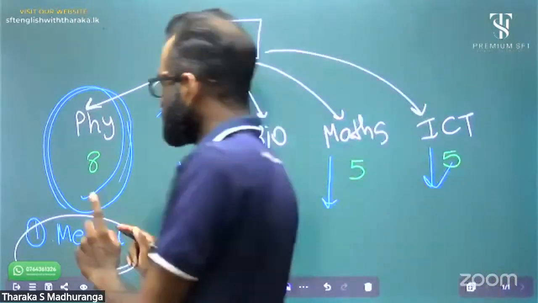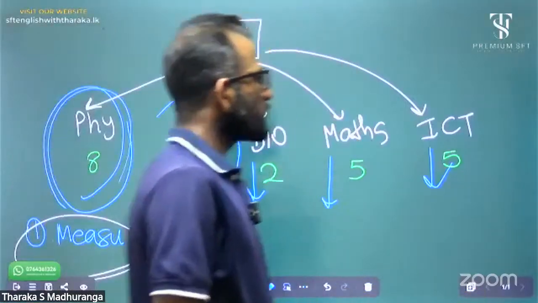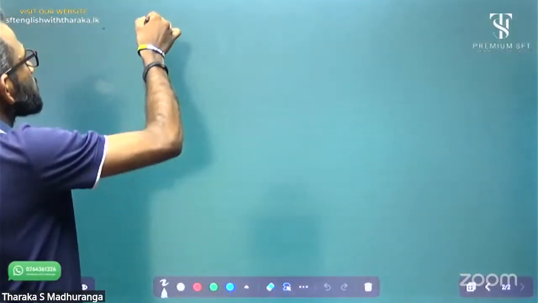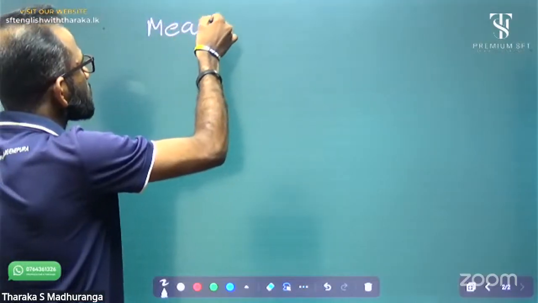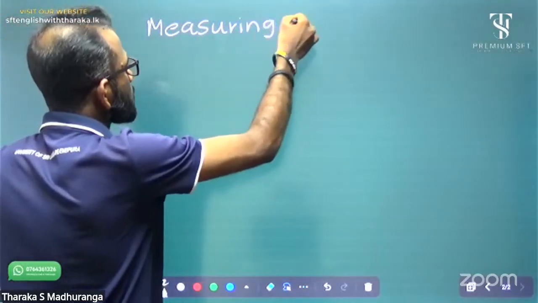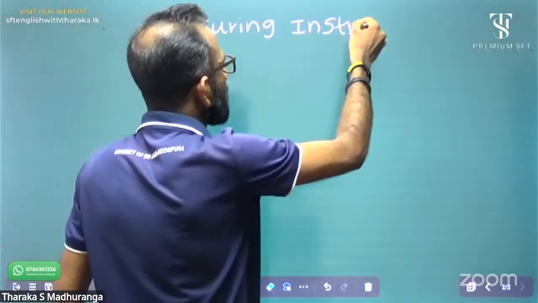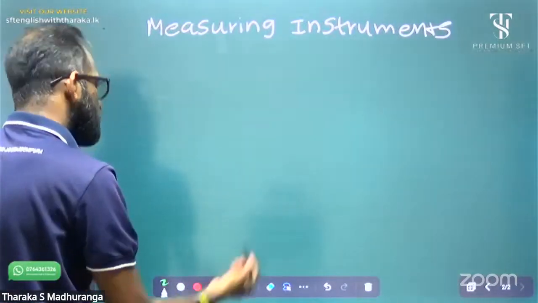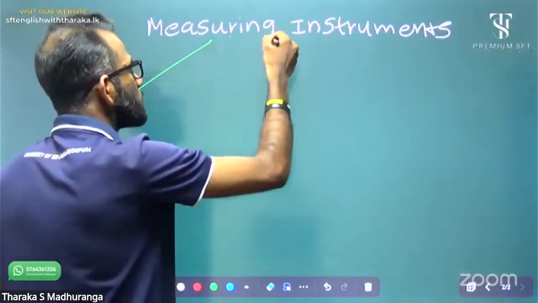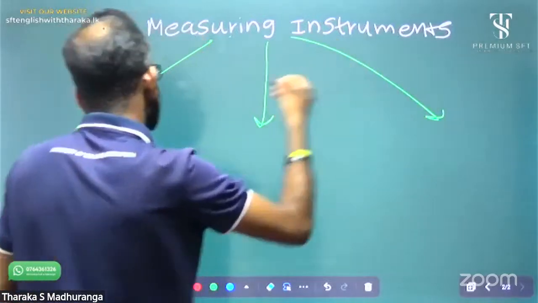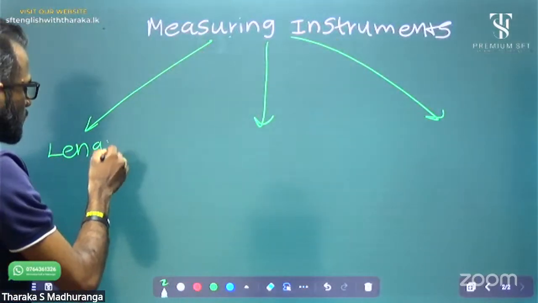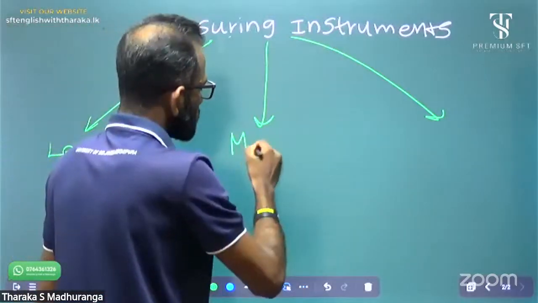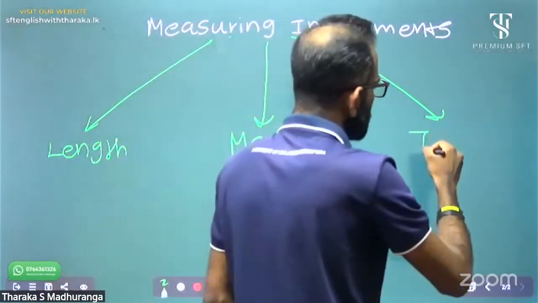I told you we are discussing three main types of measuring instruments. Do you remember? Length measuring instruments, mass measuring instruments, and time measuring instruments.